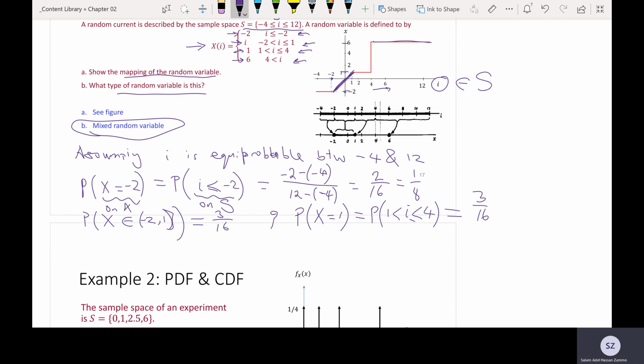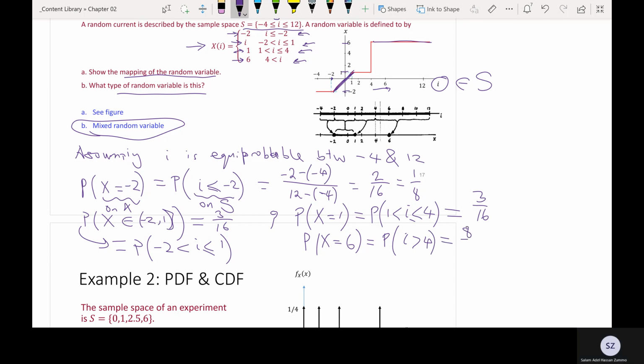So this is equal to the probability that x is between minus 2 and 1. This is the same as this. Then the last probability: x equals 6, right? It's equal to the probability that x is larger than 4.